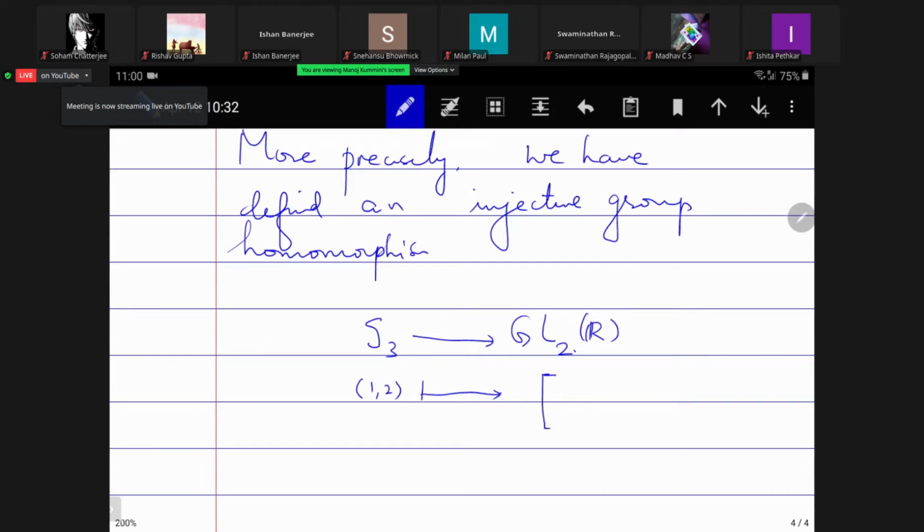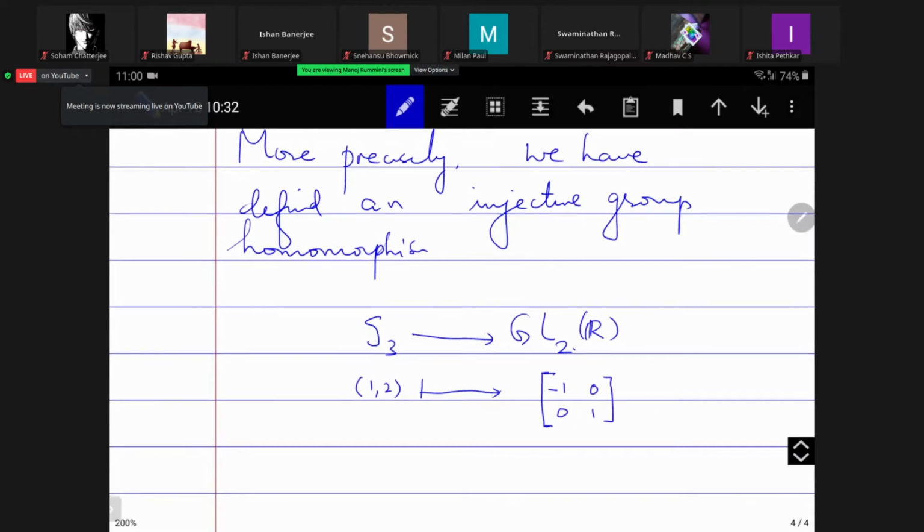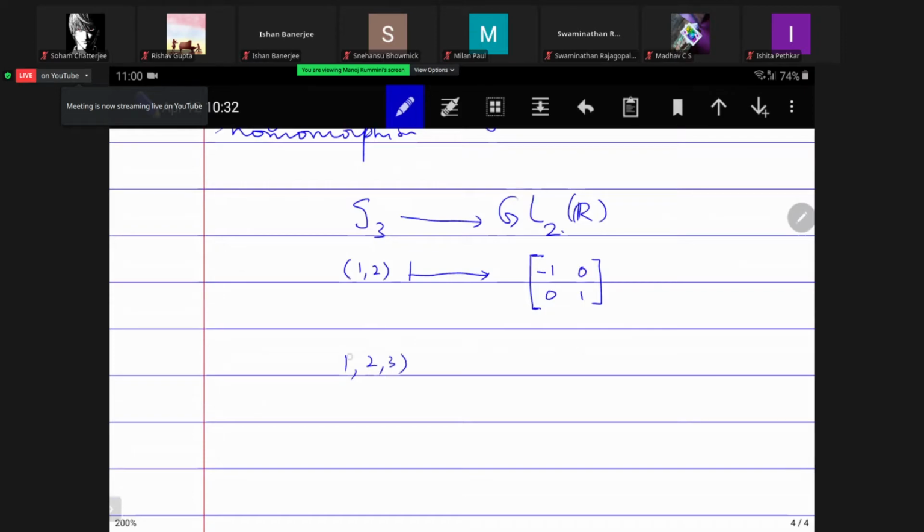So this is the matrix in which X is multiplied by this, and 1, 2, 3 goes to cosine 120 degrees, sine 120 degrees, and then minus sine 120 degrees and cosine 120 degrees. This is when this matrix represents rotation in the plane, right? So this is rotation by 120 degrees, and this is reflection about the y-axis.